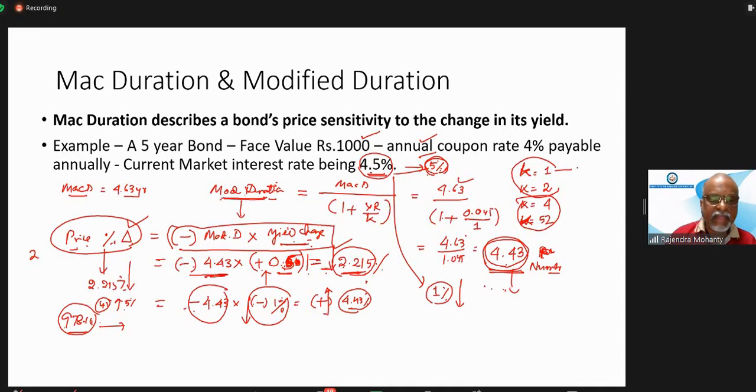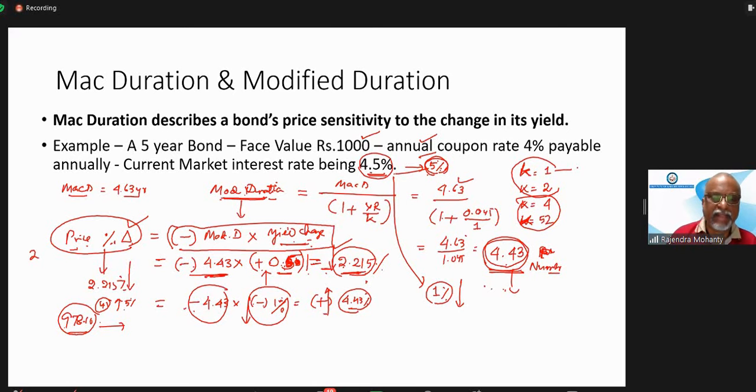So 978.10, how much fall? 2.215%. So what is the price? Can somebody calculate and tell me what is the price fall? What is 2.215% of this 978.10? 21.66.